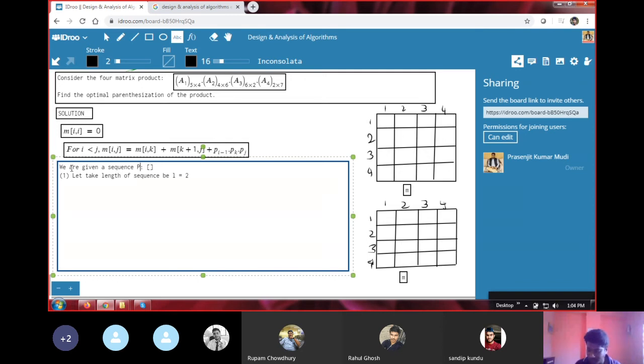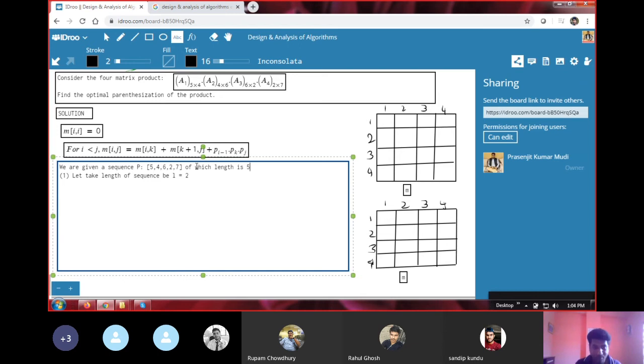You can think P is a list or array sequence. So this is given as 5, 4, 6, 2, 7, of which length is 5.